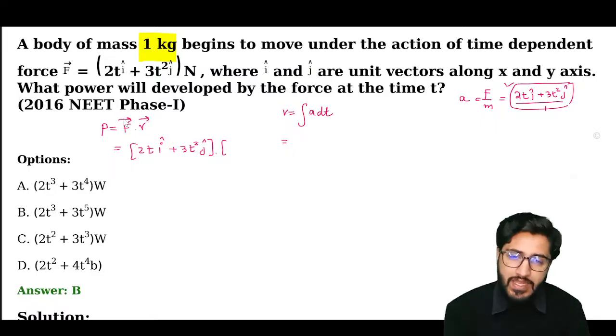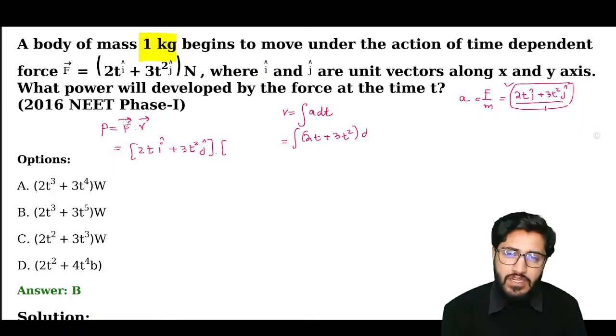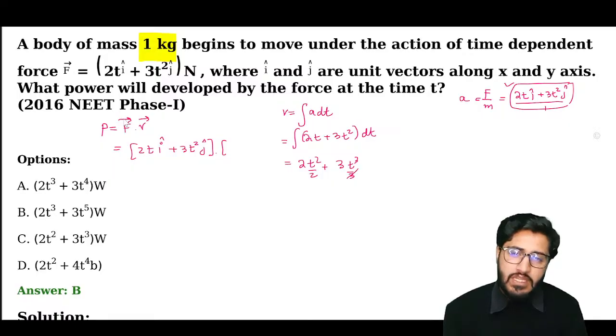So it is 2t plus 3t square, I will integrate. For 2t, it will be 2t square by 2. For 3t square, it will be 3t cube by 3. 3 cancels out, 2 cancels out. So my velocity came out to be t square i cap plus t cube j cap.